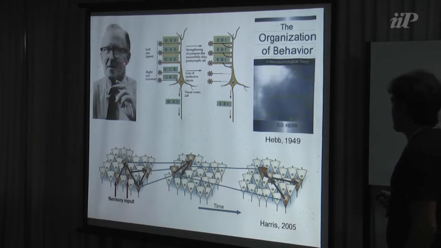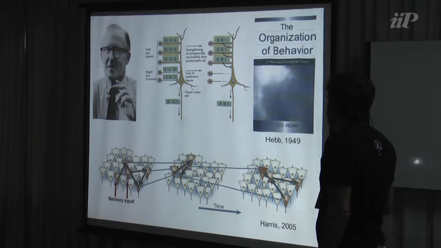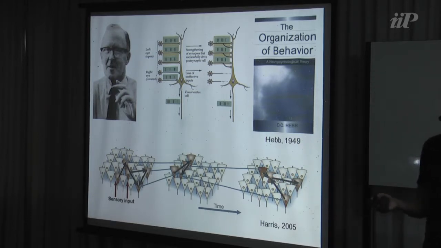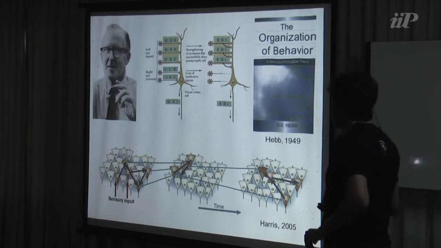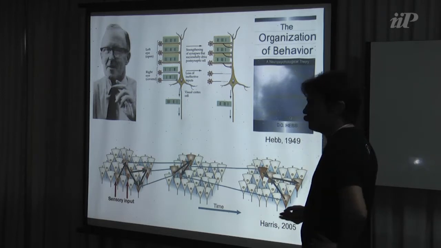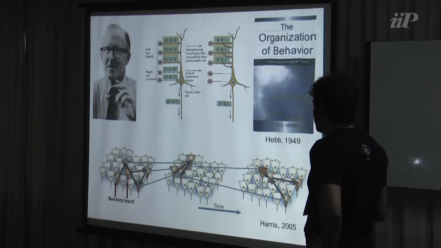Putting it simply, things will not be represented by a single cell, but by cells spiking synchronously, right? Say here I have a bunch of cells, and these 5 cells here would be the ensemble or the cell assembly that would represent a sensation, a motor act, or an idea.